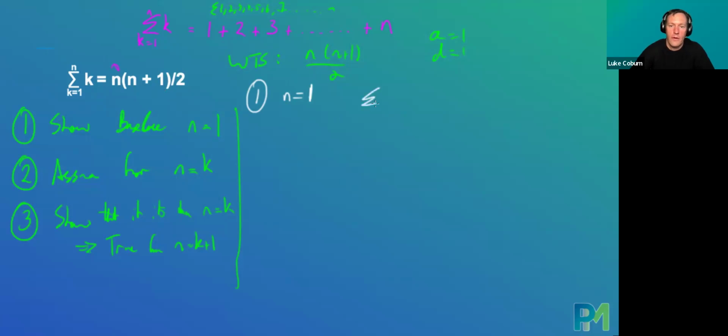The sum from k equal to 1 to 1 of k is equal to 1 times 1 plus 1 over 2. It's 1 times 2 over 2. It's just 1. So the sum of the list, when we only go up to n equal to 1, so only the first number on the list, is equal to 1. That's enough. We've shown the base case.